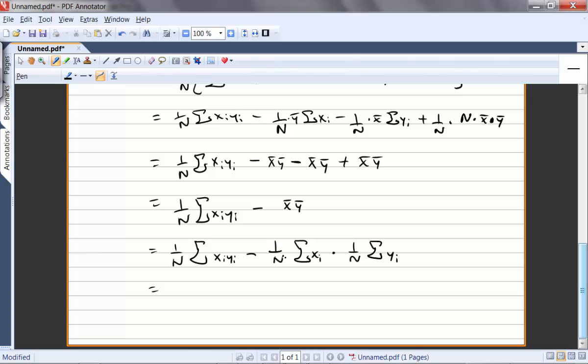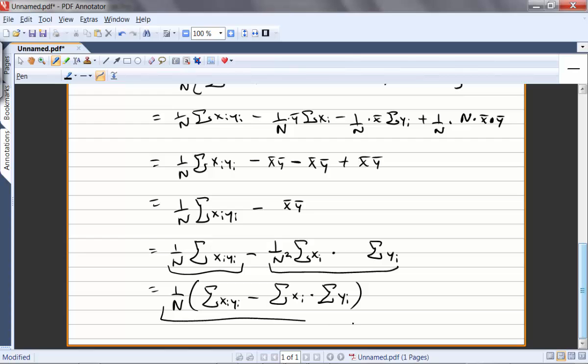Now, 1 over n times 1 over n is 1 over n squared. So we can write it like this. And then what's common to this term and this term? 1 over n. We can bring the 1 over n out, and we have the sum of xi yi minus 1 over n times the sum of xi times the sum of yi.